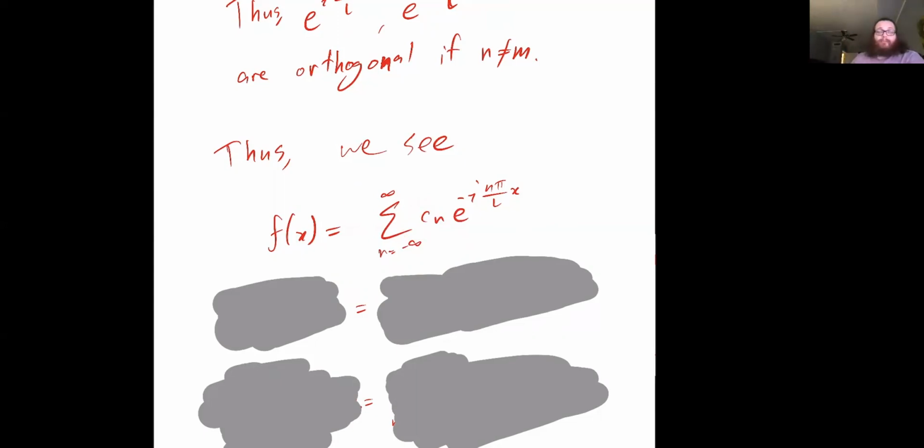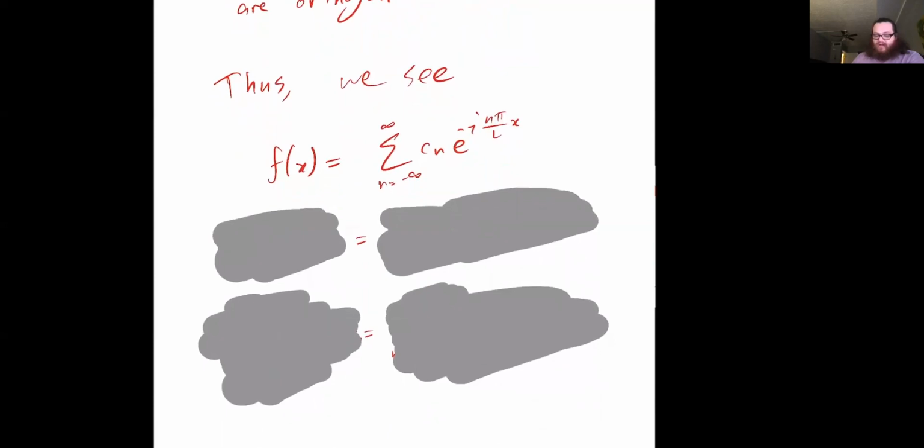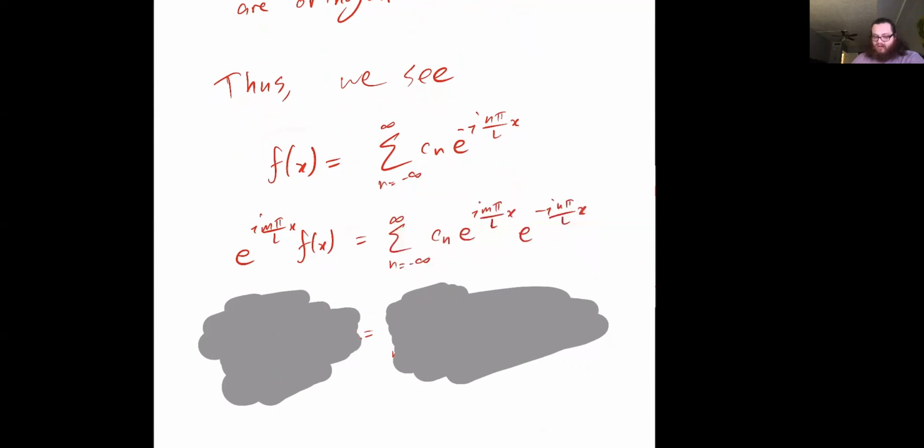So we're going to replicate that. So f of x on the left-hand side, we're going to multiply by e to the i m pi over L x. Same thing on the right-hand side. So this multiplied, and then distribute it across this infinite sum, which we're saying we're allowed to do.